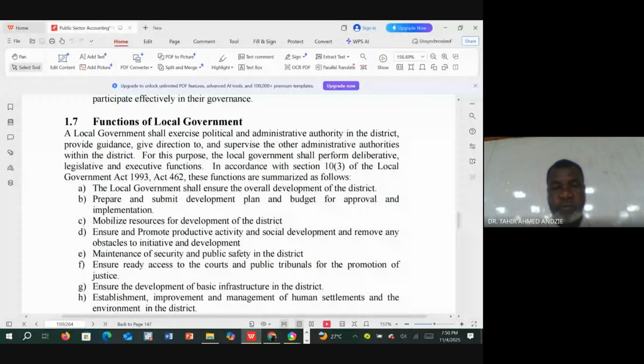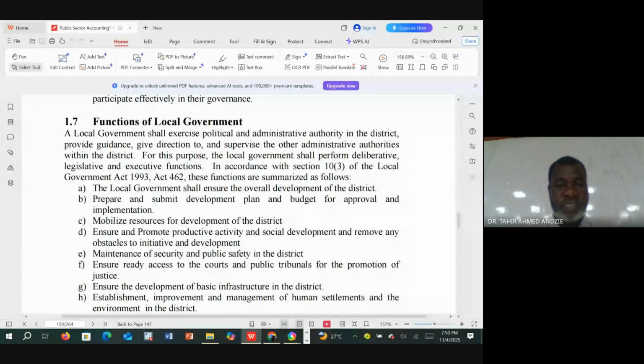So other administrative authorities within the district will be the district heads of education. All the ministries have their units at the district. And so the district assembly will have to coordinate activities of all the ministries in the district, right? So we are saying that the local government shall exercise political and administrative authority in the district, and they will provide guidance, give direction, and supervise the other administrative authorities within the district.